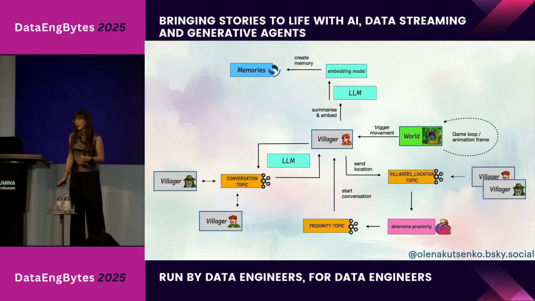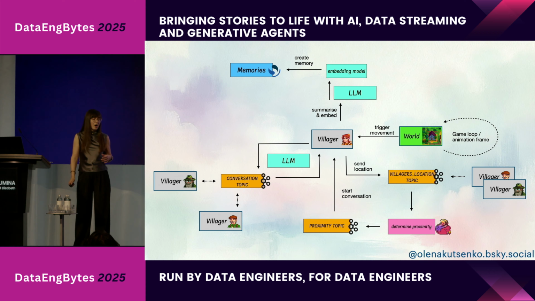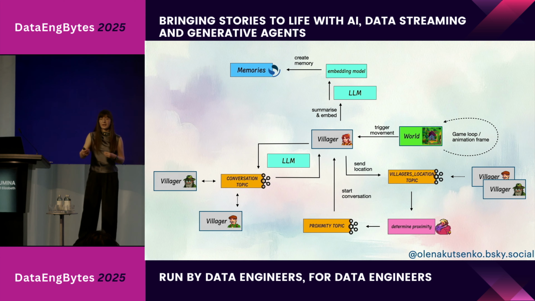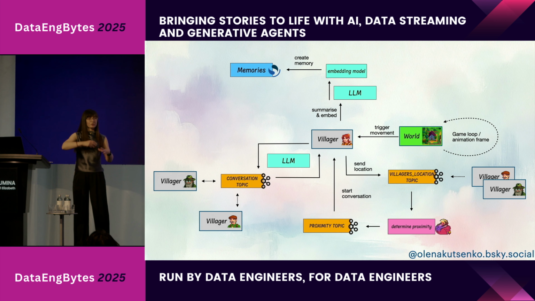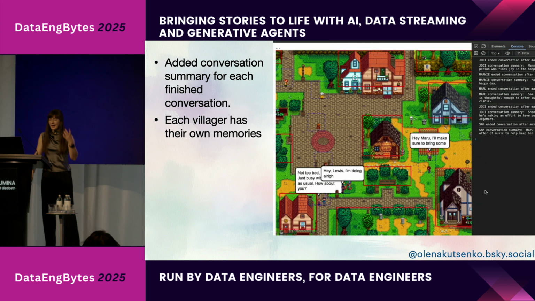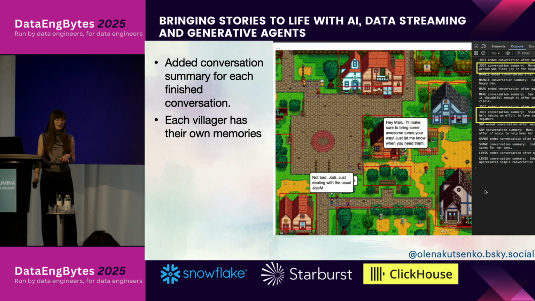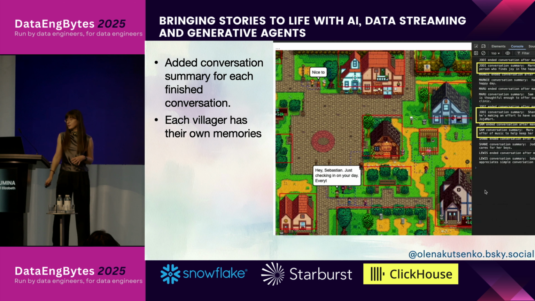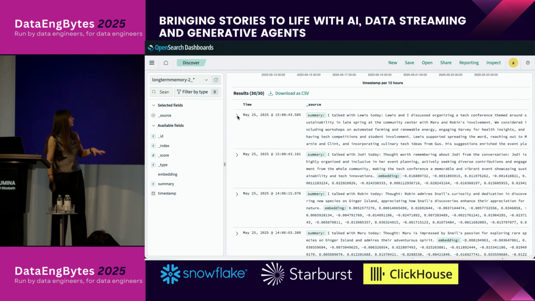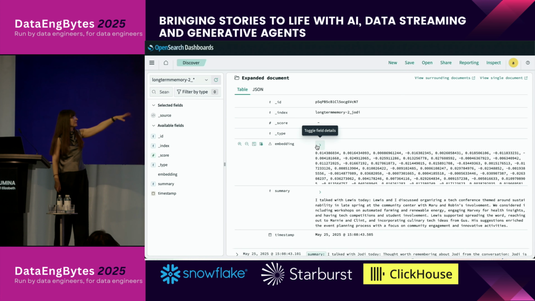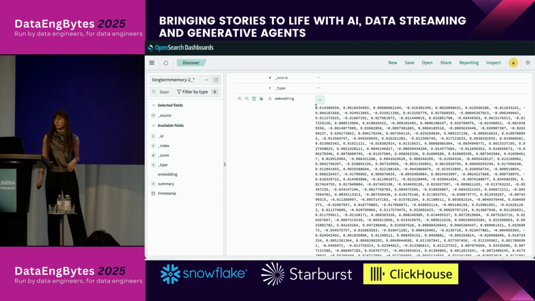And then later, when the conversation was going, I was always referencing those memories to get something relevant from the previous conversations which were happening with this villager. And they started remembering stuff. So we started keeping memories for those villagers. This is, by the way, how a vector looks. So this is a summary of a conversation, and the vector is a lot of numbers there, which we later use for the search.